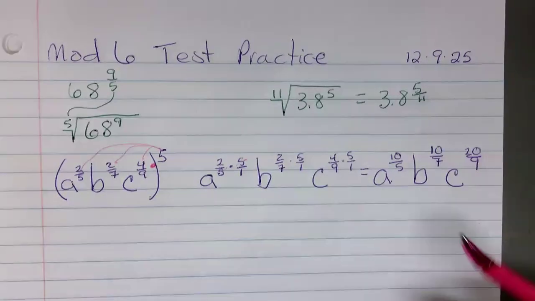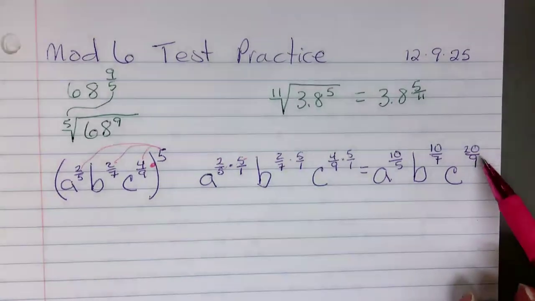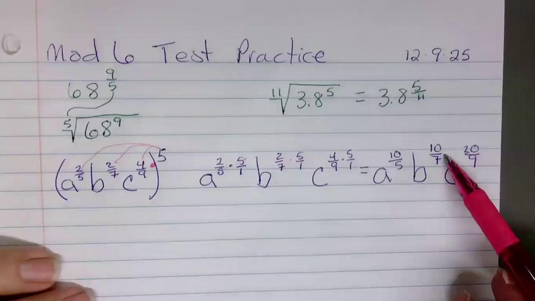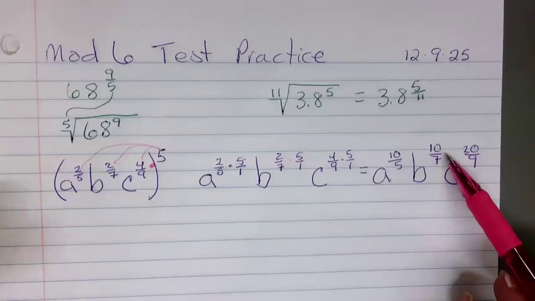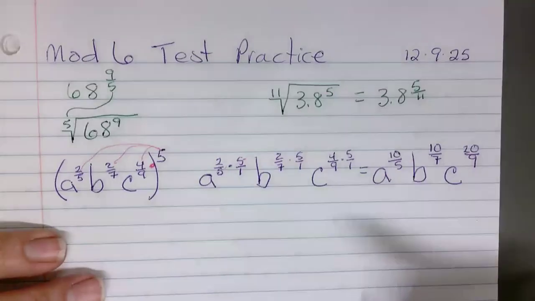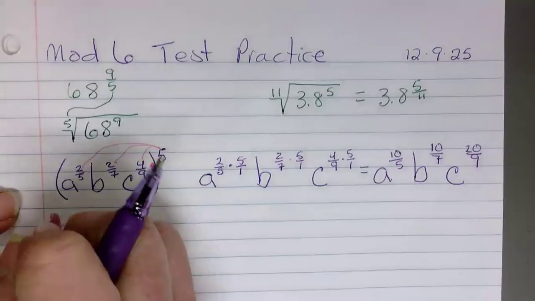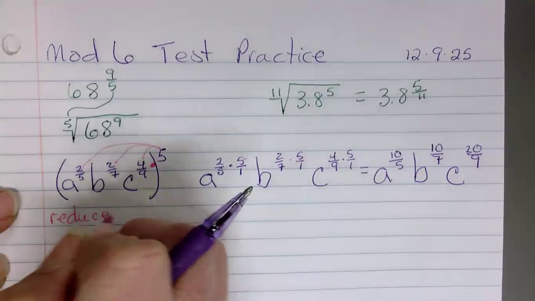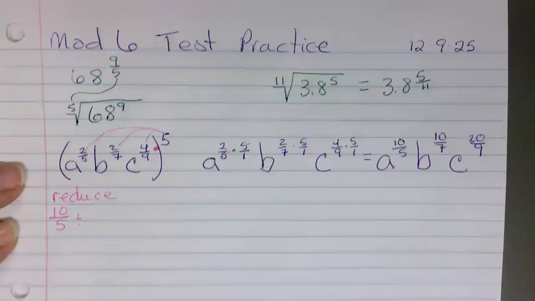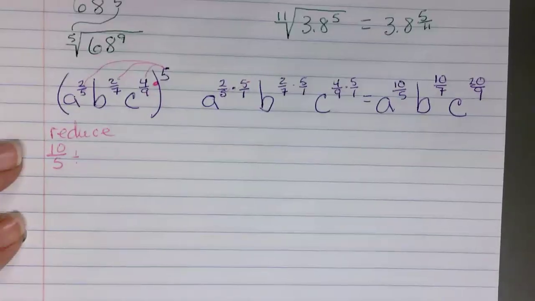This one's an odd and an even, and they are not divisible by 3, so that one will not reduce. 10 and 7, an odd and an even, so can't reduce by 2, can't reduce by 3, that one's not going to reduce. But 5 and 10 can reduce. So I'm going to just make a little note over here that I am reducing 10 over 5. What can I divide both the top and the bottom by so that it reduces?